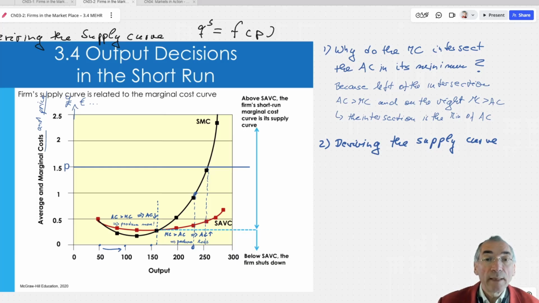And this is why this short-run marginal cost curve becomes our supply curve. This upper part, it starts here in this point, and this upper part is the supply curve of a firm. That's the decision of a firm to produce the goods and then offer them on the market based on the price that can be achieved on the market.